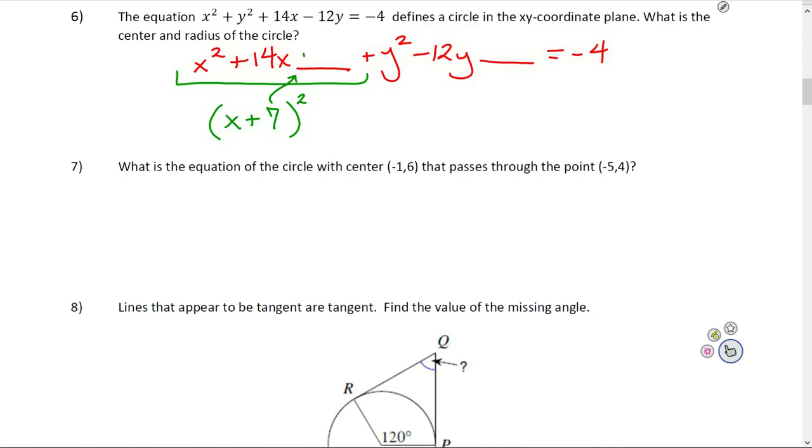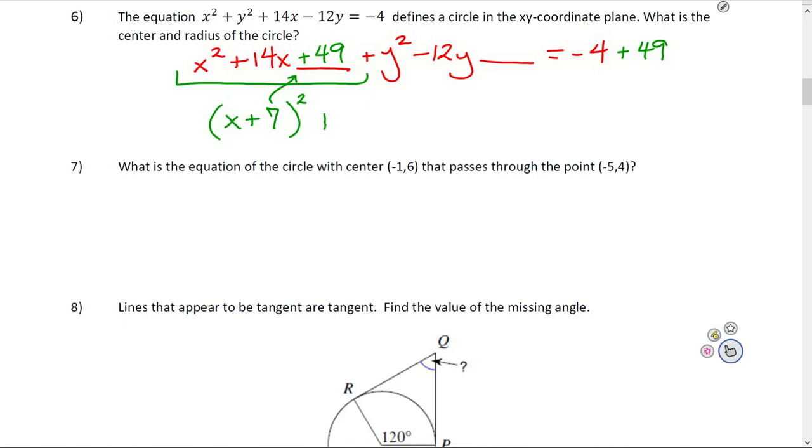And 7 squared is plus 49. But to keep this equal, if I add 49 to the left, I must add 49 to the right as well. Okay, so that's the process for this. I will do half, square, balance. Half of 14, 7 squared, and then balance by also adding 49 to the other side as well.